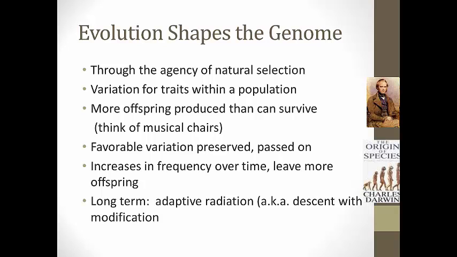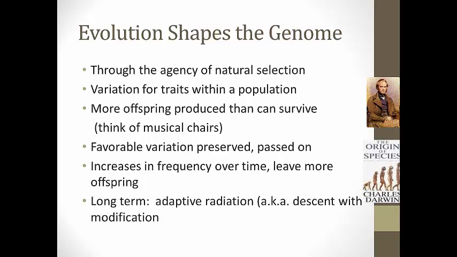And this means that over time, through this selection process, the selection process is really the game of musical chairs that we identified in point 2, or the fact that there are going to be more organisms produced than can actually survive. So something has to determine which ones make it, and it's the quality and quantity of their favored traits.